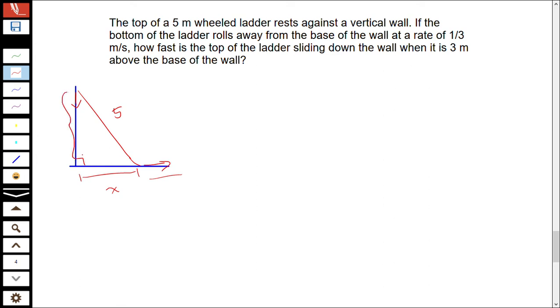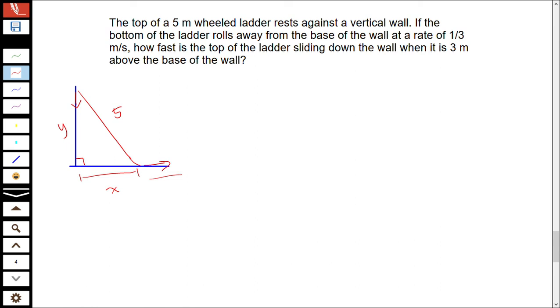So because this will also be changing, I'm going to give that a variable of y. So we got the length of x at the bottom and the length of y for the top. And so 5 is the hypotenuse, so I'm not going to give that a letter.